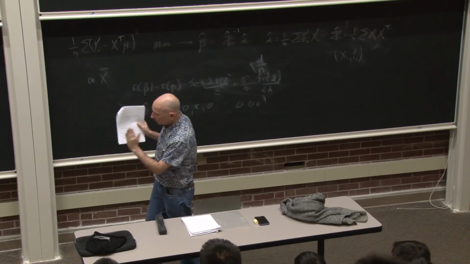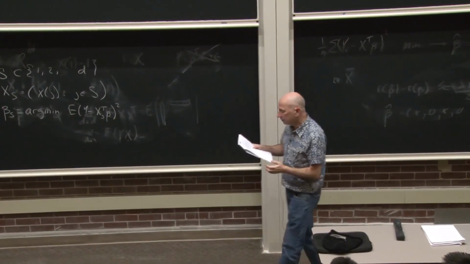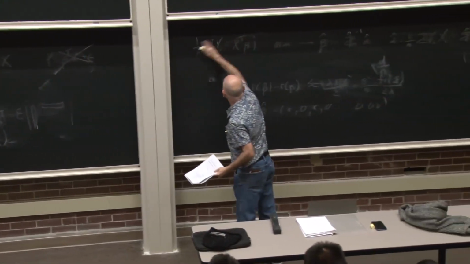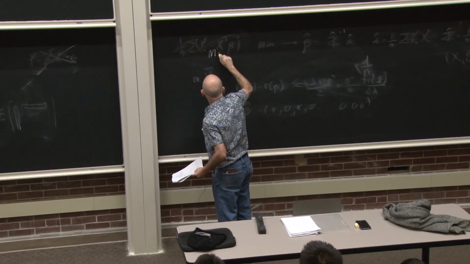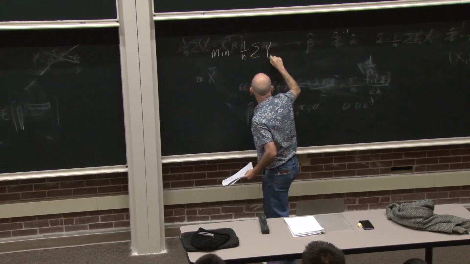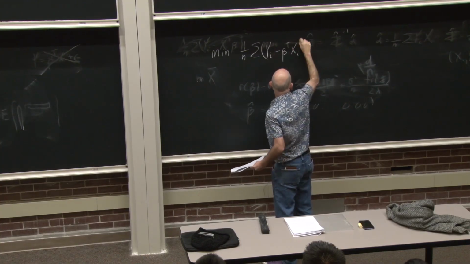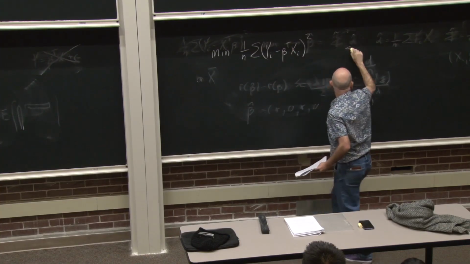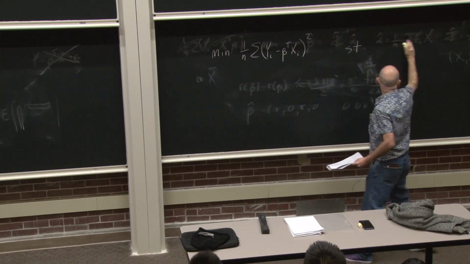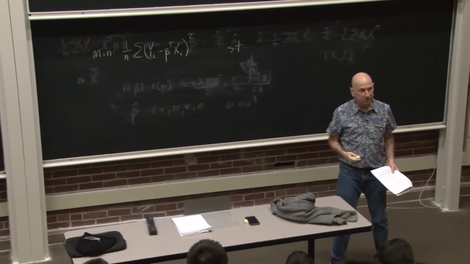So I want to regress on some 10 covariates. We know how to do that, but how do we pick them? So the natural thing to do would be to minimize the training error, but subject to the constraint that the beta you choose can only have 10 non-zero elements.